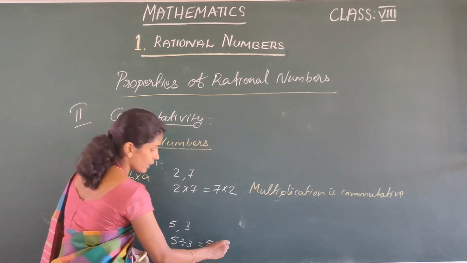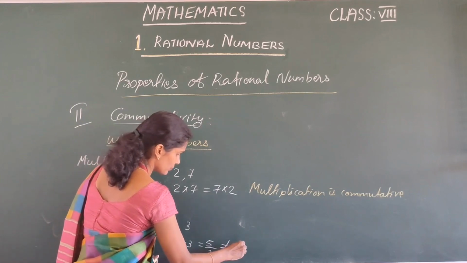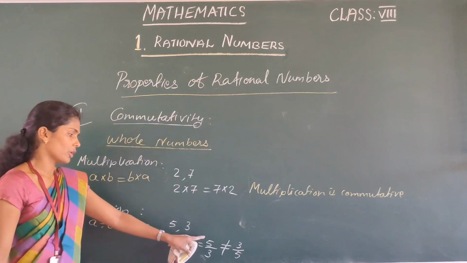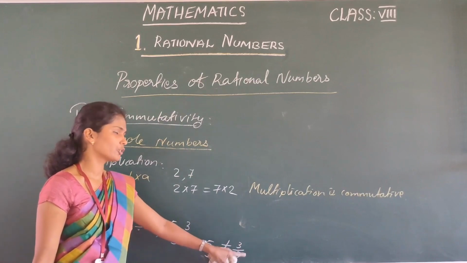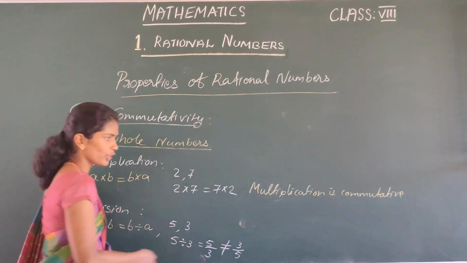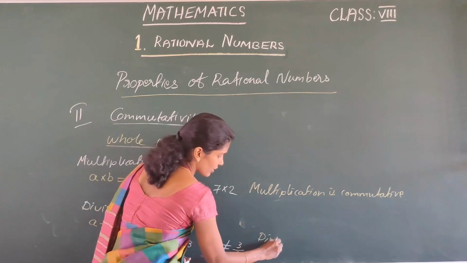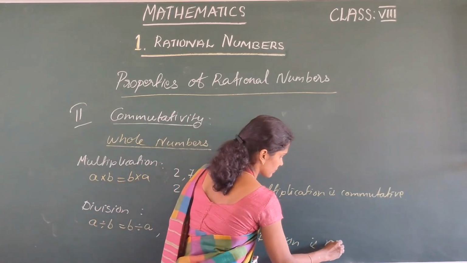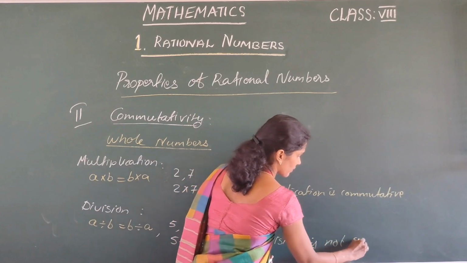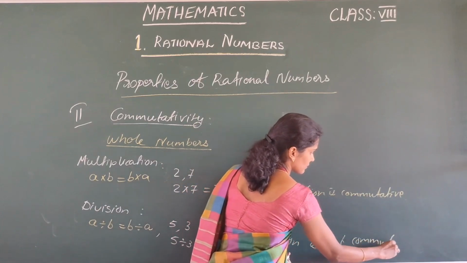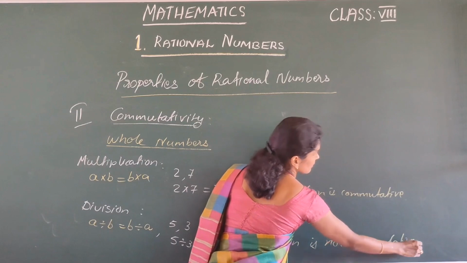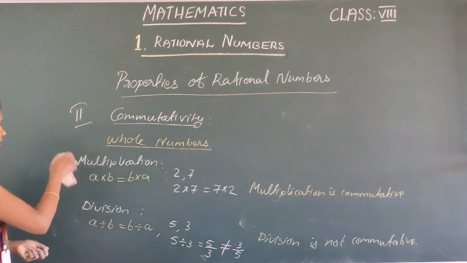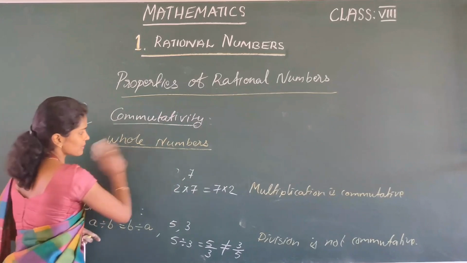That is not equal to 3 by 5, right? 5 divided by 3 is not equal to 3 divided by 5. So, division is not commutative. This is in the case of whole numbers.